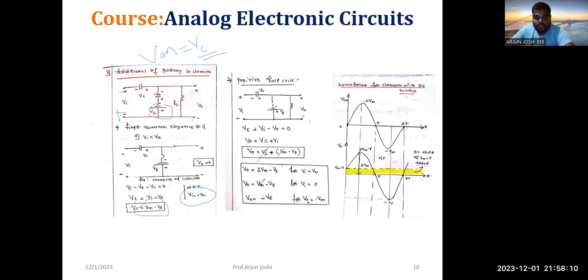Whenever Vi is equal to 0, Vm minus Vr. So here plus Vm minus Vr. Next, whenever Vi is equal to Vm, here V naught is equal to 2 Vm minus Vr. Whenever Vi is equal to minus Vm, what is the output voltage? Minus the reference voltage is here. Like this, you need to apply the KVL and get the answer and write down the input and output waveform.